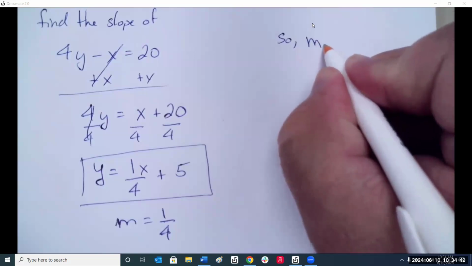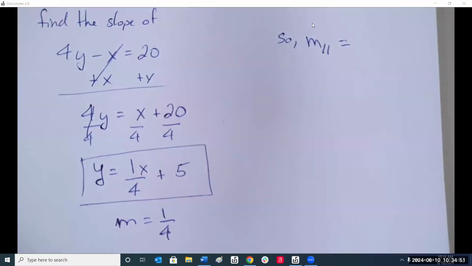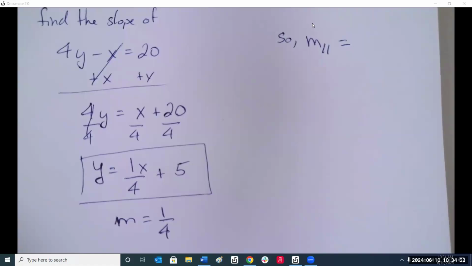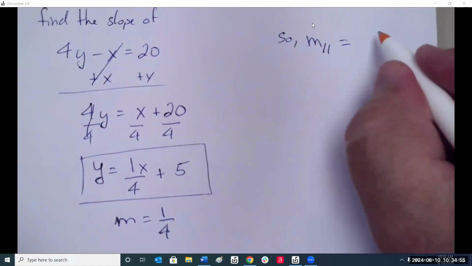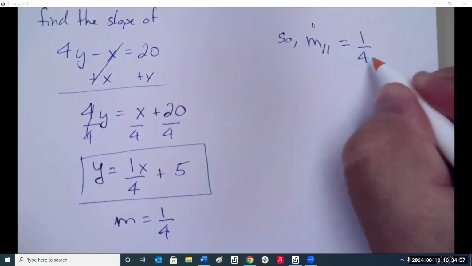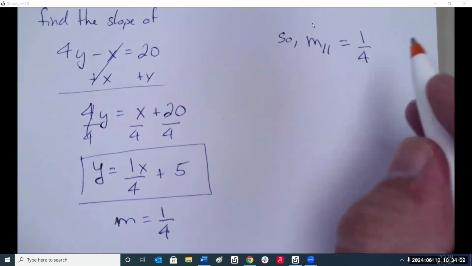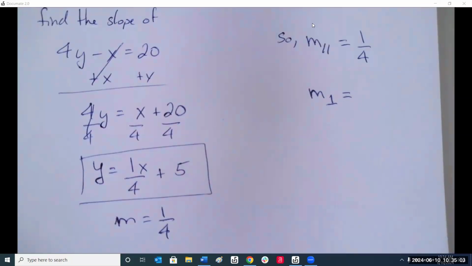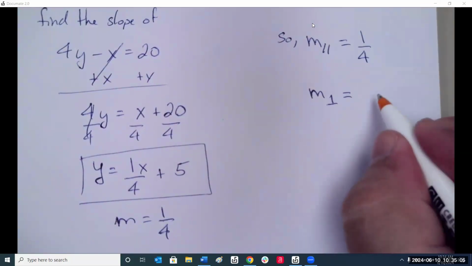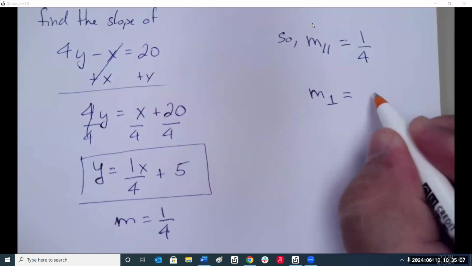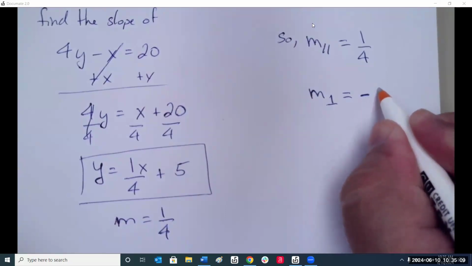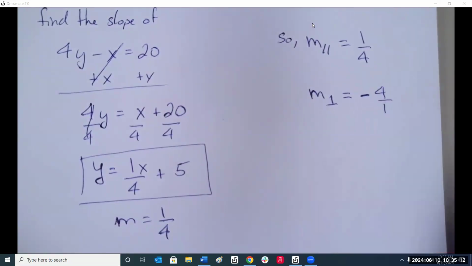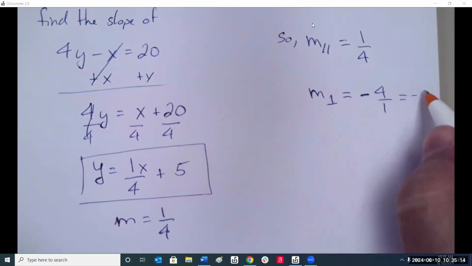So the slope of the line parallel is going to be what? 1/4. Parallel has to be the same. And then the slope of the line perpendicular is going to be -4. You have to change the sign and then flip it, which is -4, right?